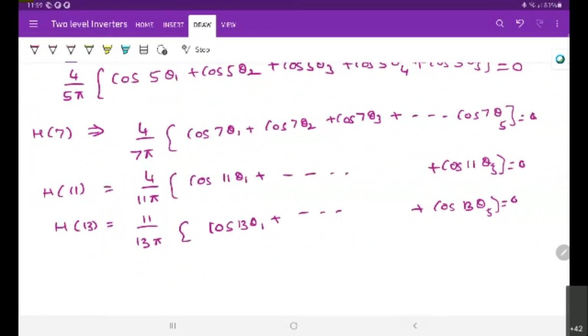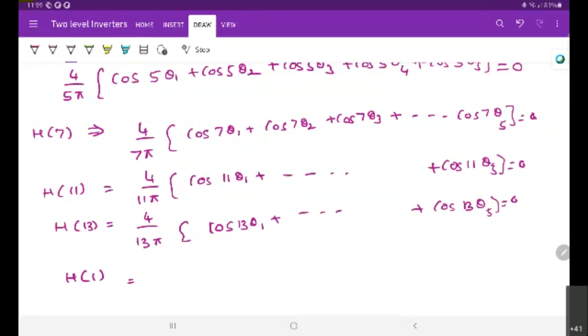So now we need to control the fundamental voltage. The fundamental voltage is H1, right? So how is it controlled?